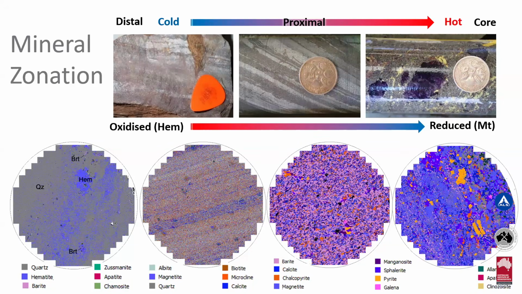It doesn't look like any IOCGs I've seen, although you do see elements similar to this in Ernest Henry in some parts, and especially in E1. But there's a lot of magnetite in there, heaps of it. So you're seeing zonation: hematite, magnetite, lots of magnetite, and lots of extra dense minerals as well.